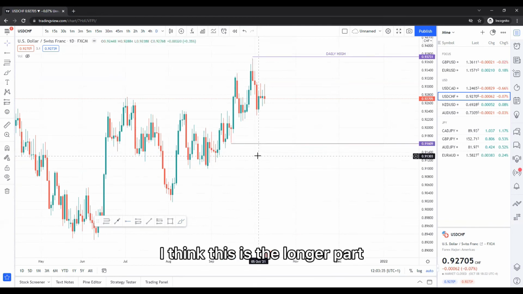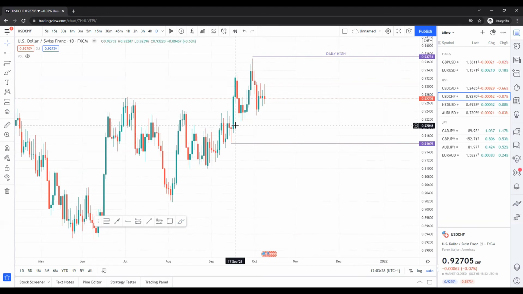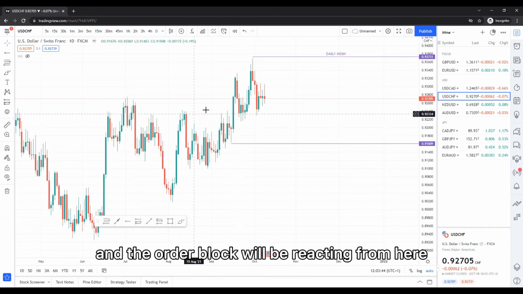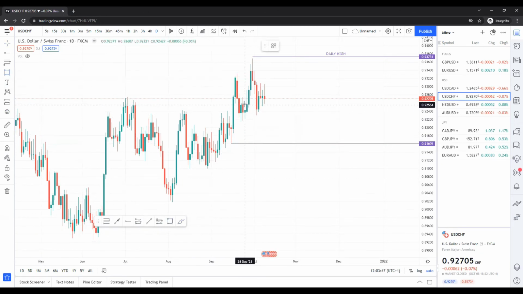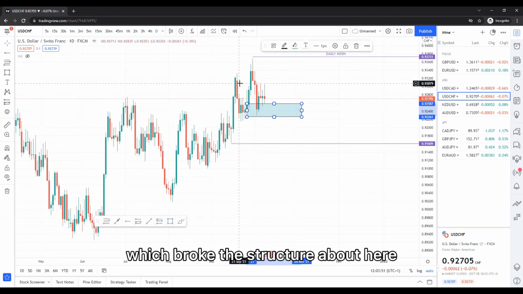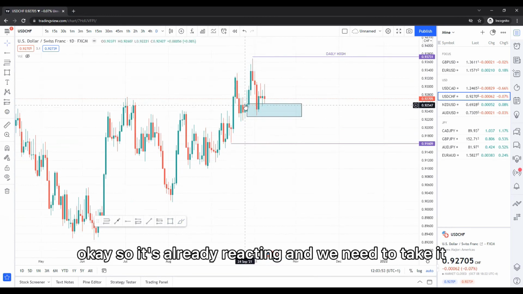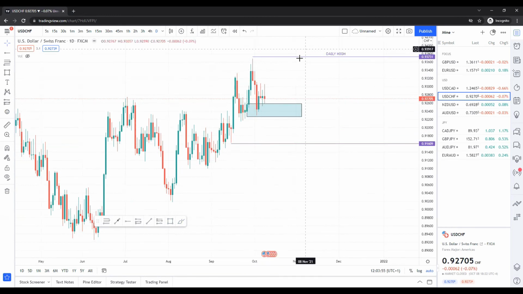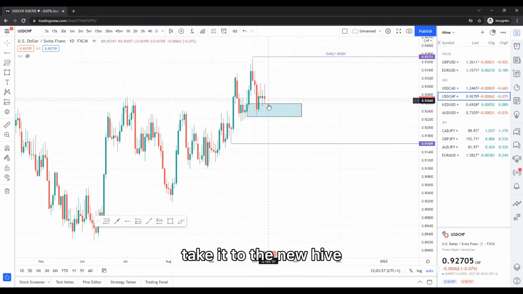I think this is the low. Yeah, not any of this. For me this is the low, and the order block is already reacting from here. This is the last buy candle which broke the structure above here. So it's already reacting, and we need to take it to the new high.